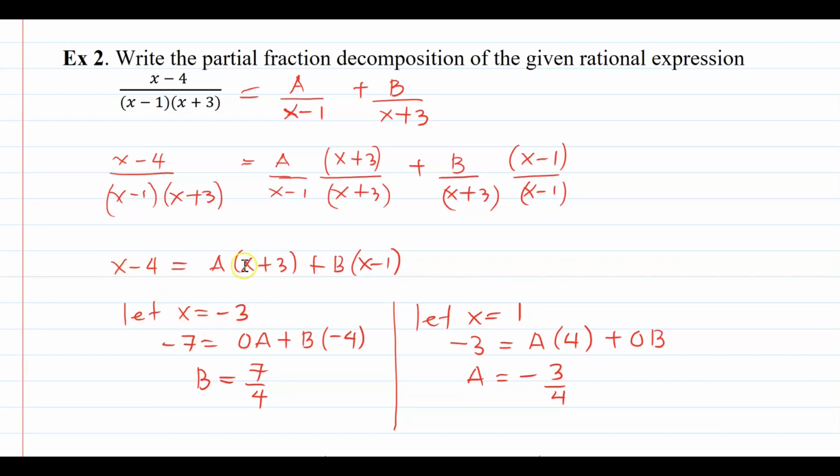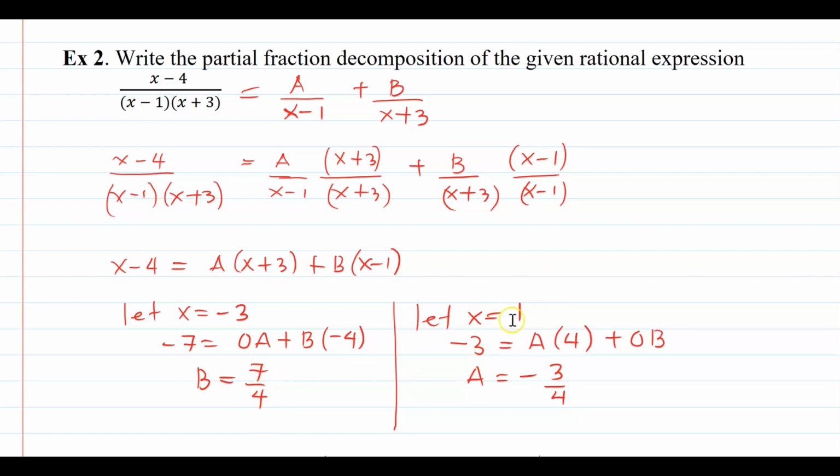On the right side, x plus 3 becomes 0A, and then plus B times negative 3 minus 1, which is negative 4. Therefore B is equal to negative 7 divided by negative 4, so B equals 7 over 4.